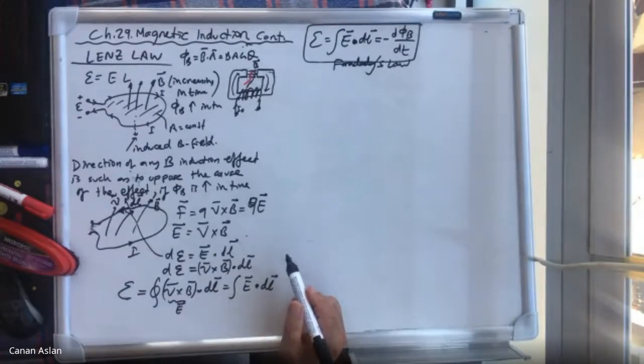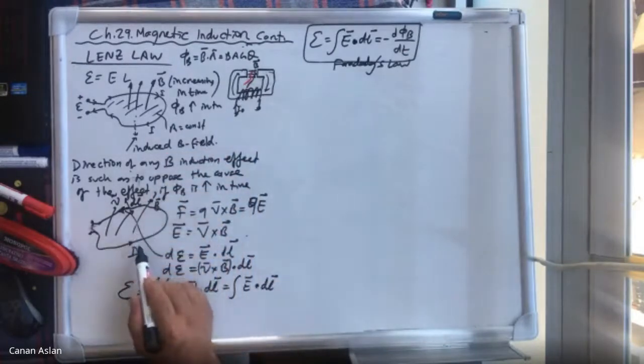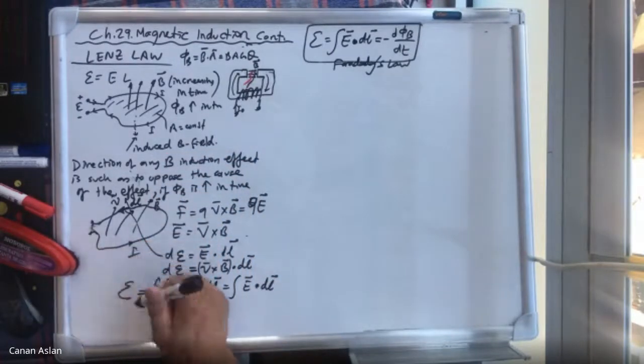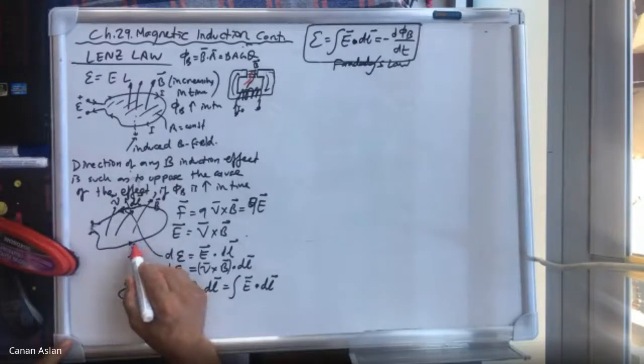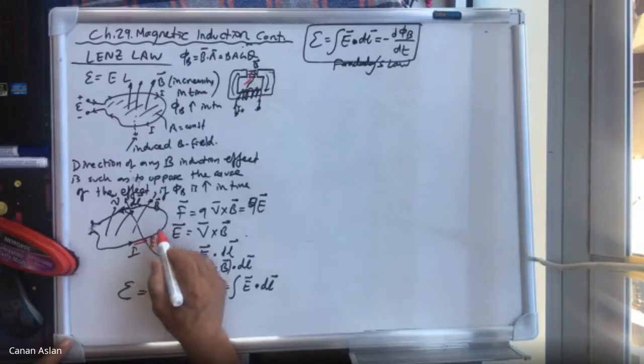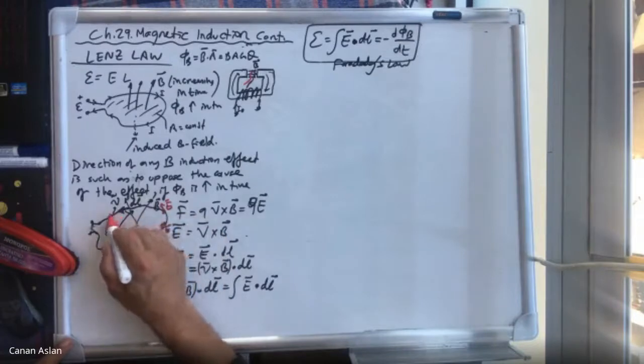Now let's look at what happens. We would like to find the direction of the electric field, and if the current is flowing this way, the electric field will also be like that. So the electric field will be a circulating electric field, and at each point it will be tangent to this curve.